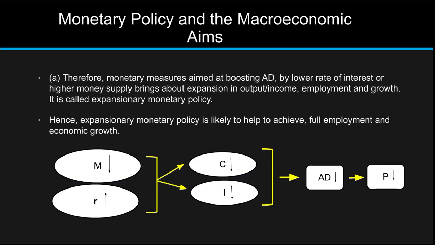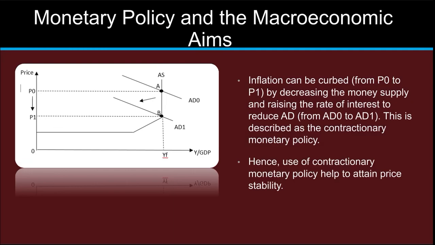This will affect aggregate demand, so the aggregate demand will decrease. Hence, this will reduce national output as well as the level of employment together with the general price level. So inflation can be curbed if a contractionary monetary policy is implemented.